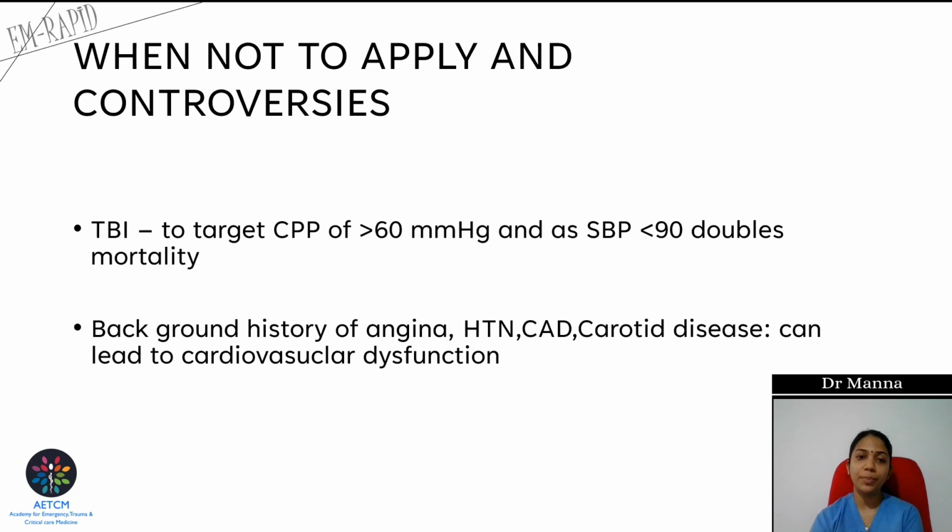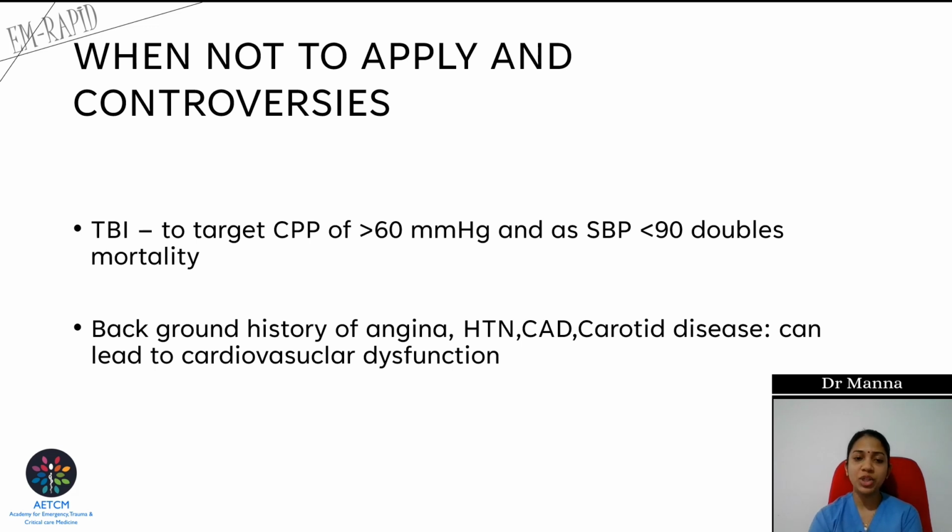When not to apply balanced resuscitation, or the controversies to balanced resuscitation. As I told before, traumatic brain injury is a contraindication for balanced resuscitation, because here we have to target a cerebral perfusion pressure of more than 60 millimeters of mercury and a MAP of more than 90 in order to perfuse the brain. So we cannot apply balanced resuscitation here.